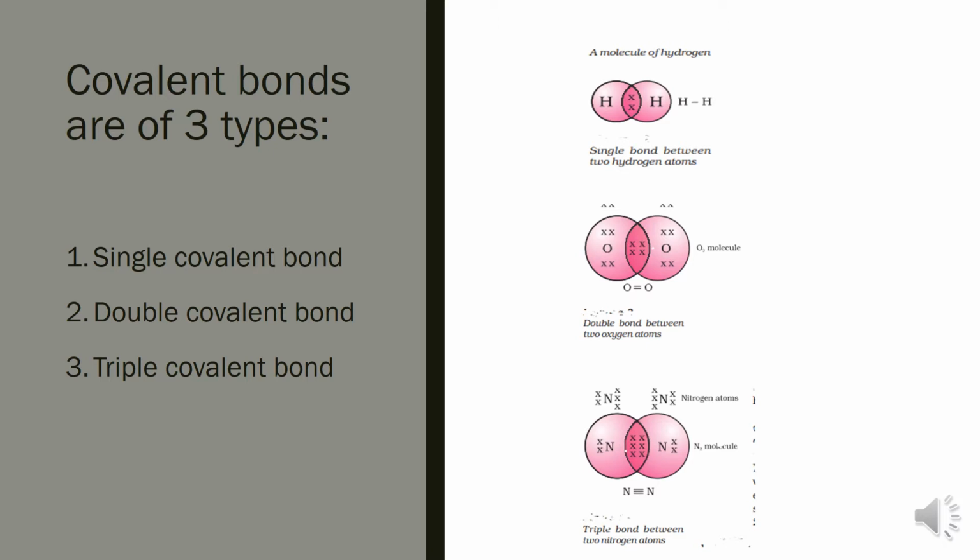Children, it should be noted that the atoms share only the outermost shell electrons in the formation of a covalent bond. The covalent bond is formed when both the reacting atoms need electrons to attain the electronic configuration of an inert gas.